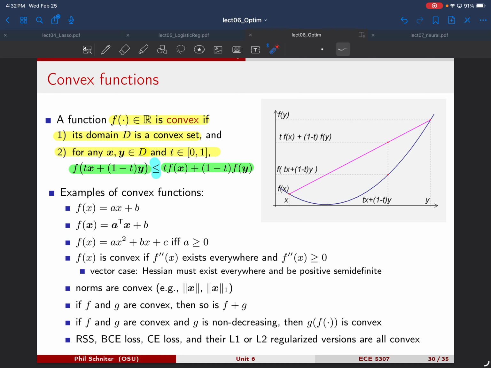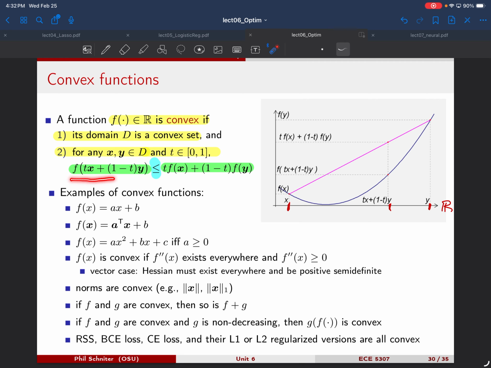Here's a picture. We have a point x here and a point y here. This is just on the real line, so it's a function of real inputs. Here t is maybe 0.7 or something. Here is our linear interpolation of the inputs.